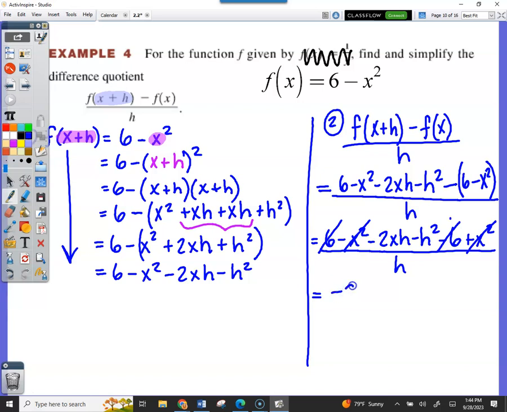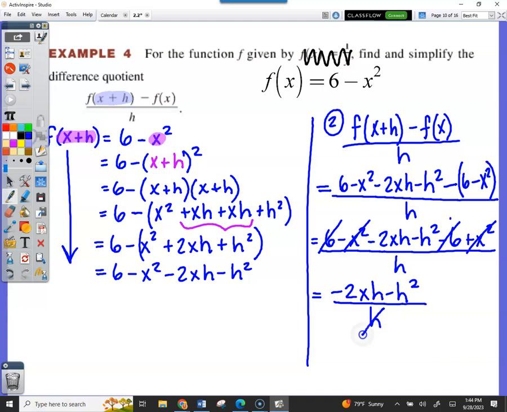Let's rewrite this before we try to clean it up. I just brought down what was left. How many terms are on top? 2. Terms are separated by plus and minus signs. There's 2 terms on top. The bottom term is an h. Every term on top has to have an h for the h to cancel.